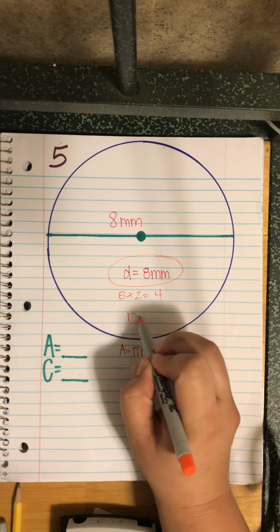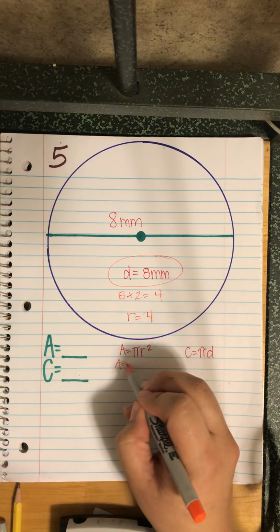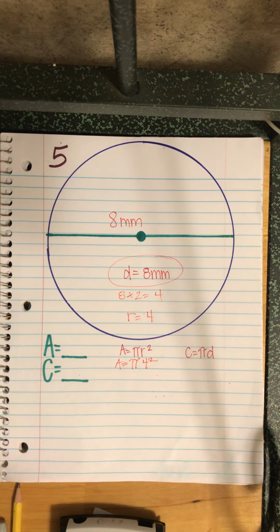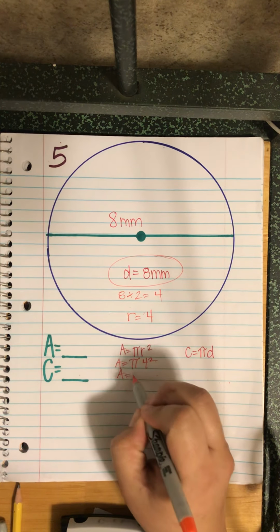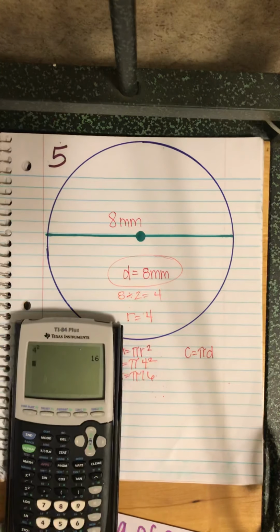So now we know our radius is 4. So area equals pi r squared. 4 squared is 16. So A equals pi times 16. And we get our calculator.